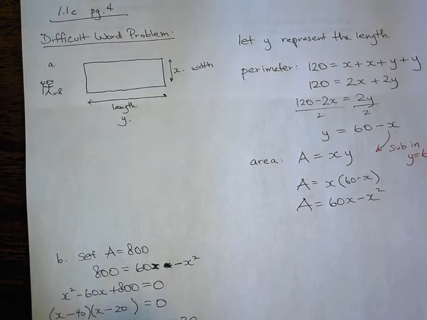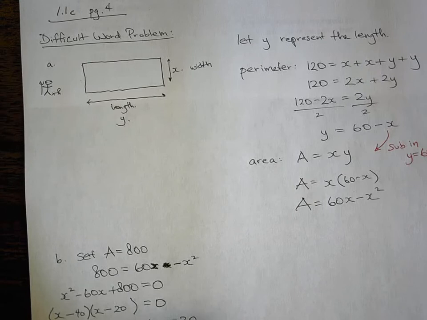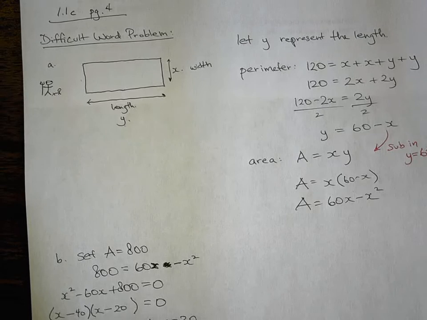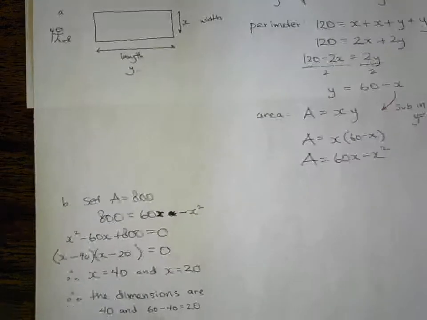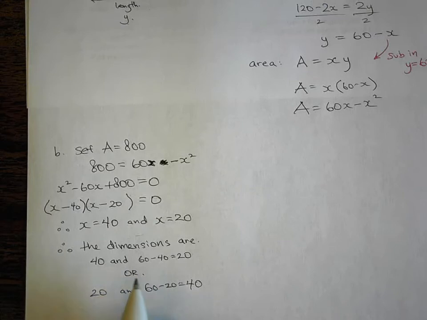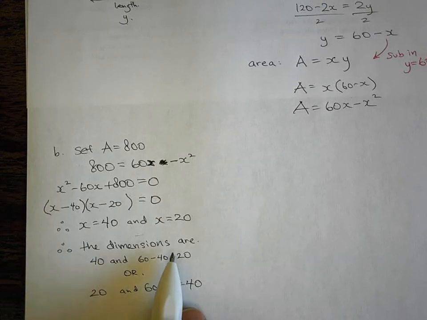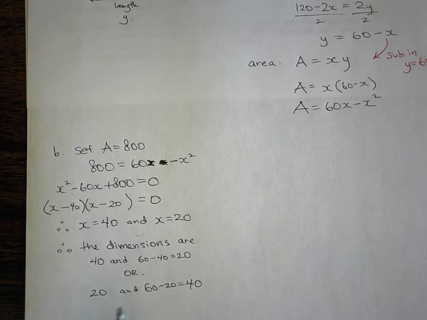So therefore, the dimensions are 40 and 60 minus 40 equals 20, or 20 and 60 minus 20 equals 40. So it's basically a 40 by 20. So the dimensions are either 40 by 20, or 20 by 40. Those are two options.